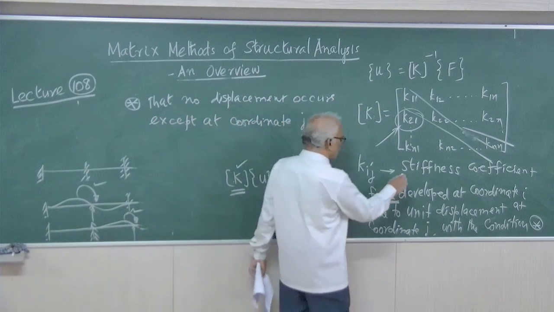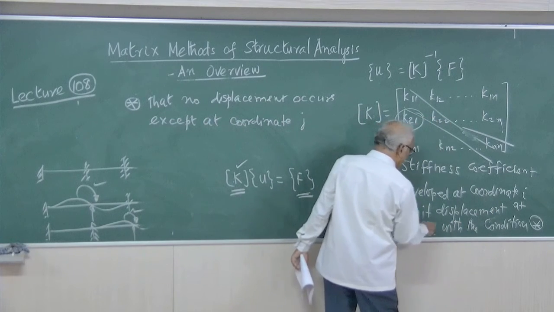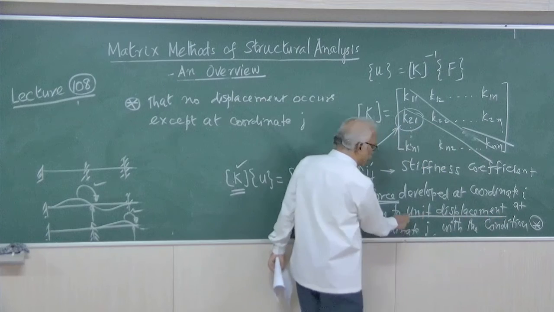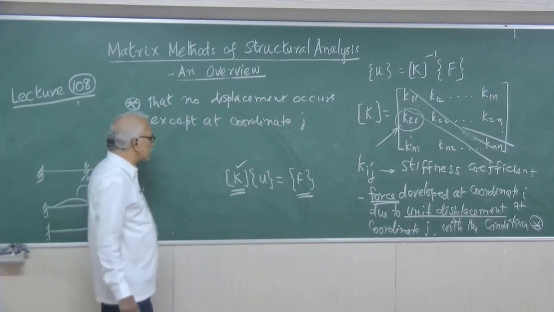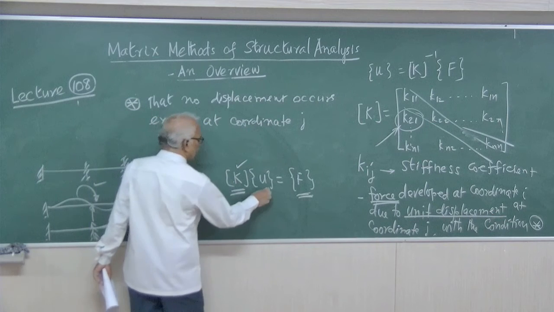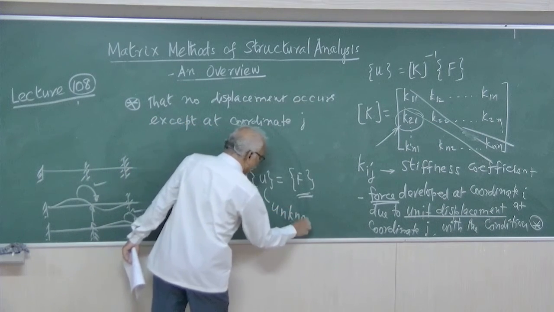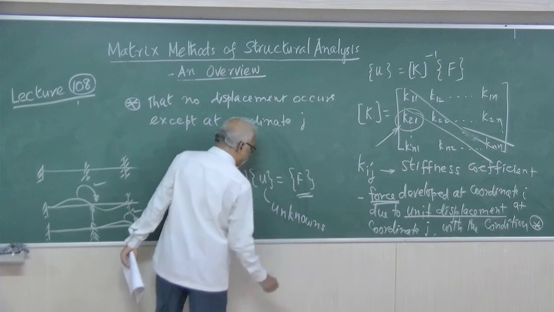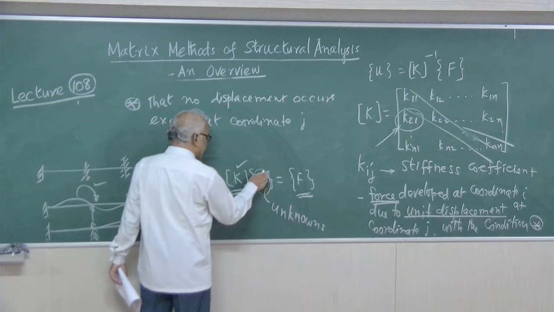Kij, the stiffness coefficient, is the force developed at coordinate i due to unit displacement at coordinate j at a time. You have to apply unit displacement, because displacements are unknowns. These are all not known. Therefore, when you find the redundant values, you have to apply unit values of the displacements.